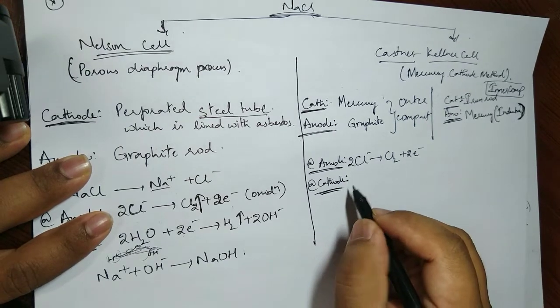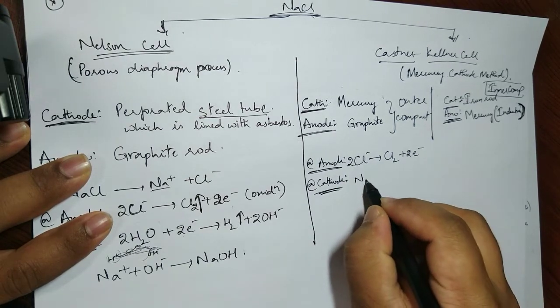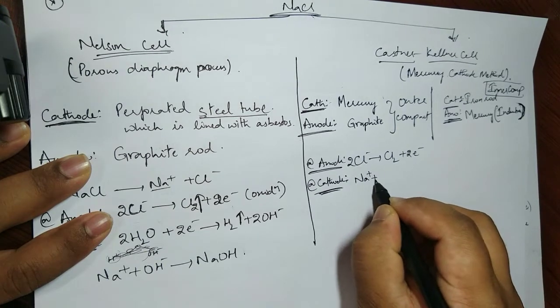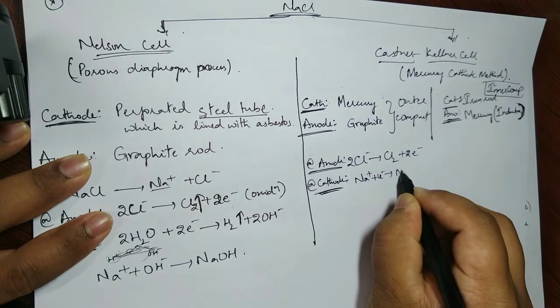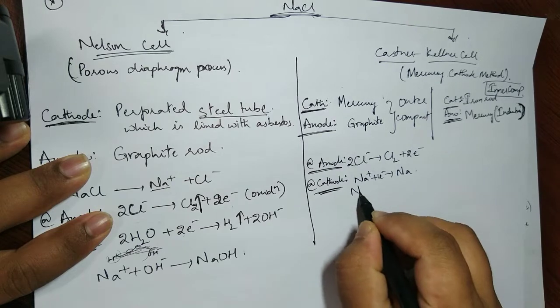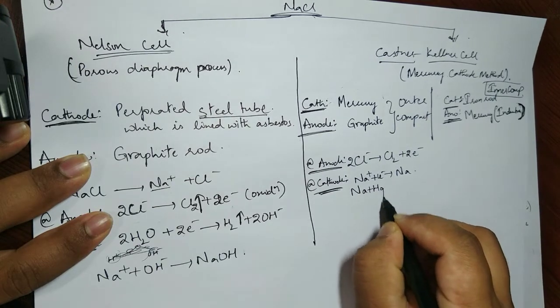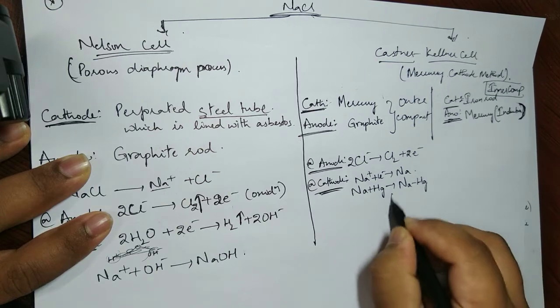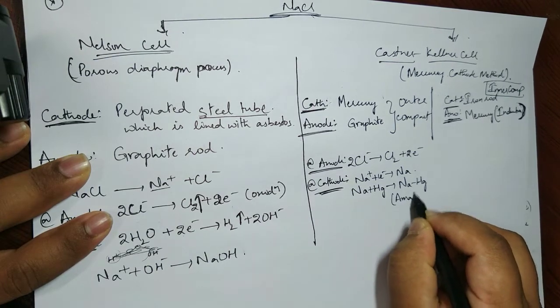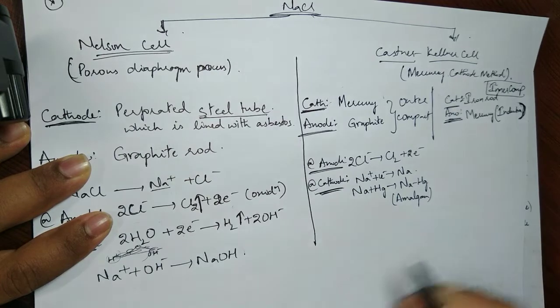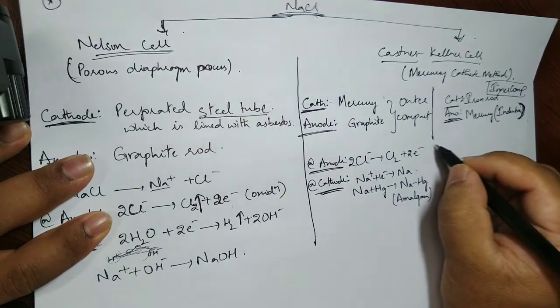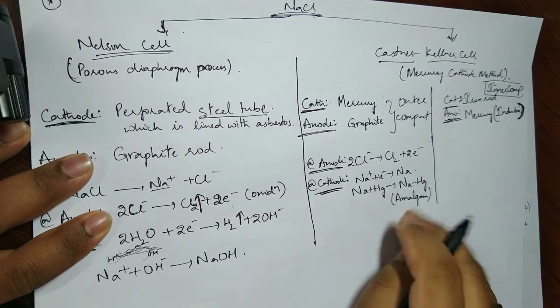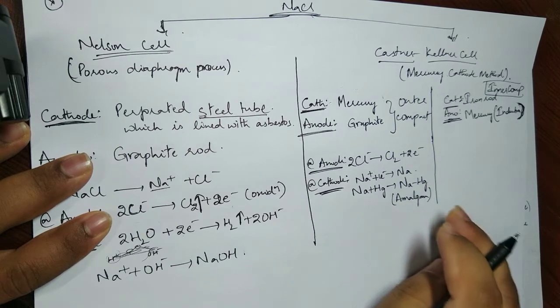The sodium ions, Na⁺ plus 1 electron, form sodium, and this sodium will react with our mercury, Na plus Hg, forming the amalgam NaHg. This is our mercury amalgam.